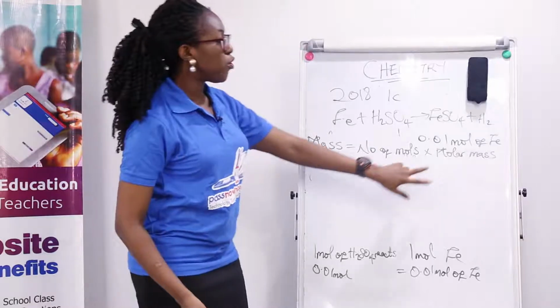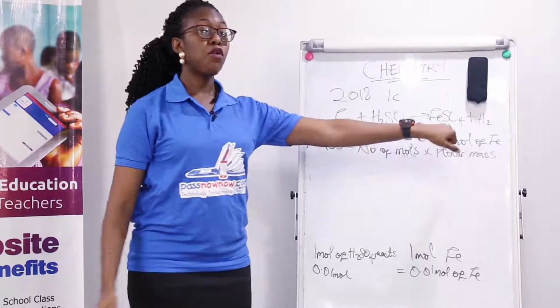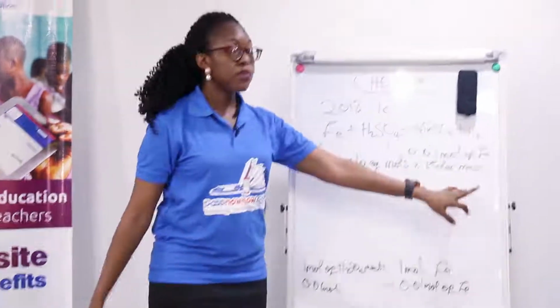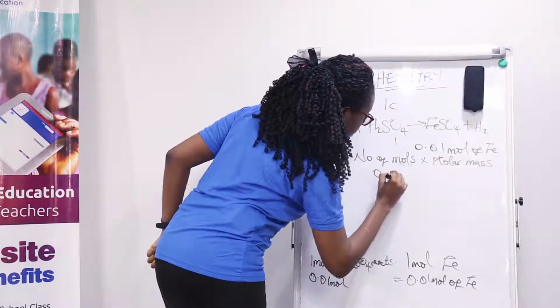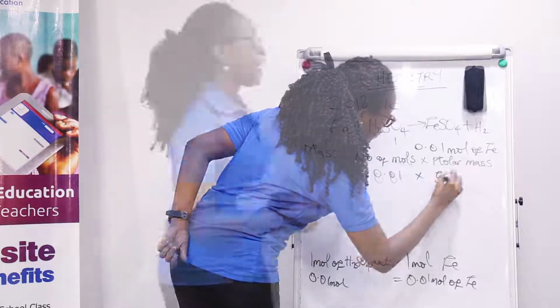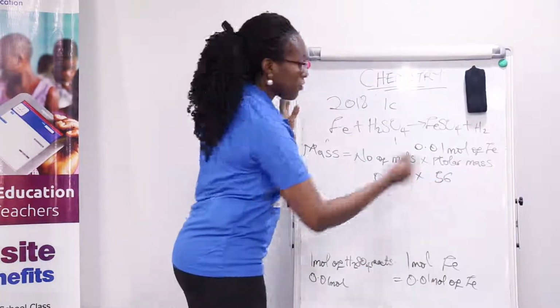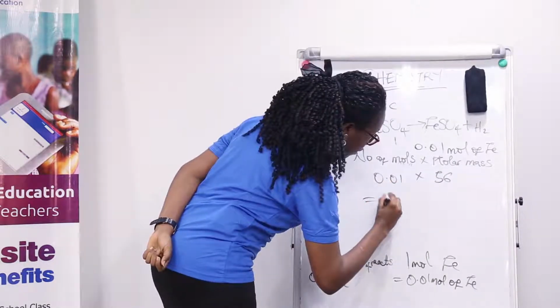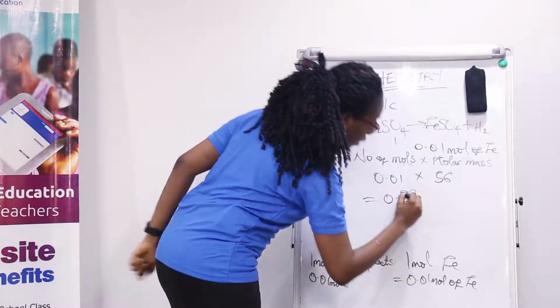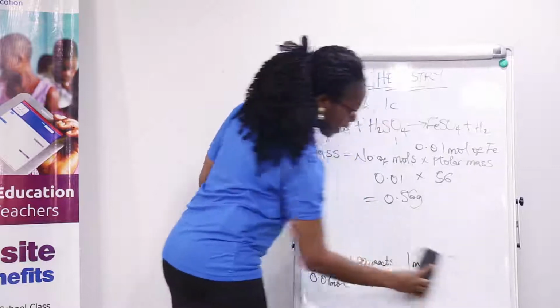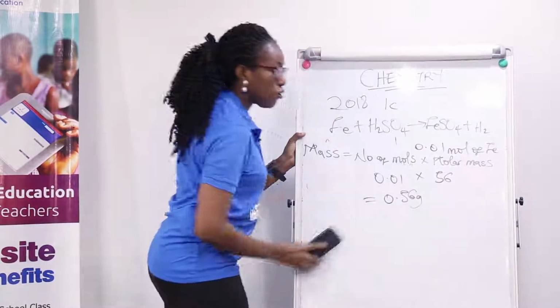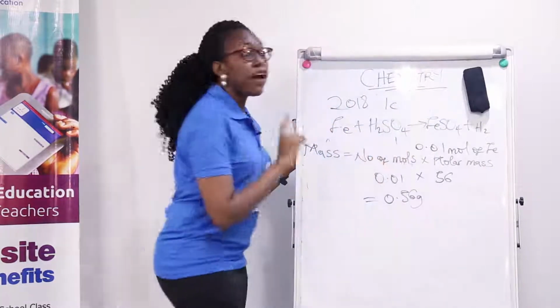Now, the number of moles we've discovered to be 0.01 mole, and our molar mass was given in the question, which is 56. 0.01 times 56 will give us 0.56 grams. But this is the mass of iron that reacted.